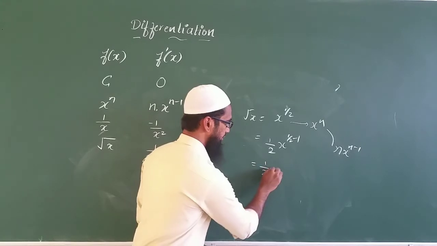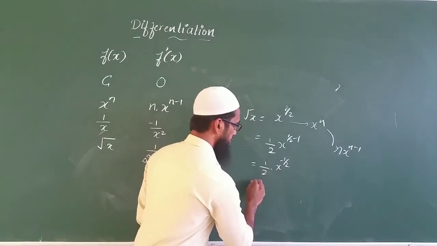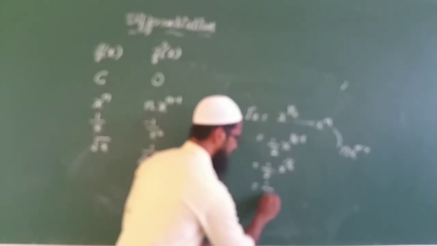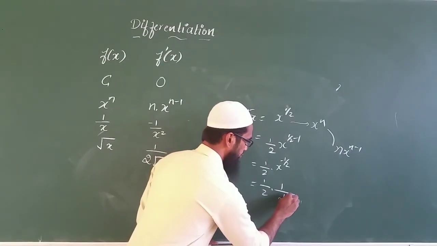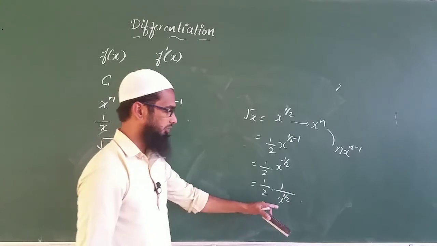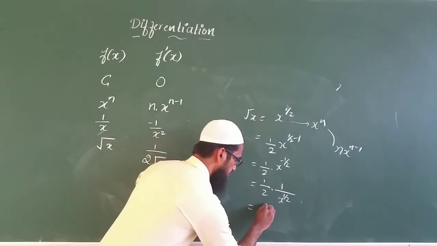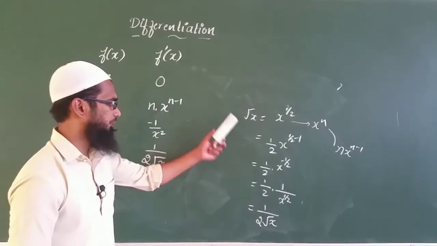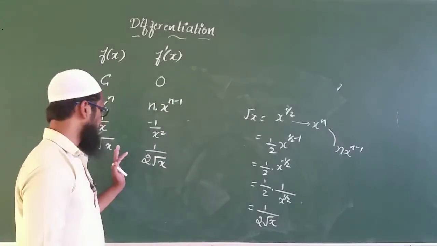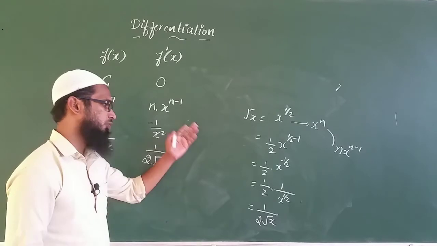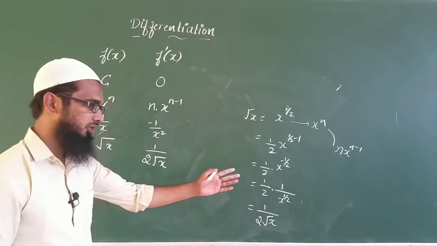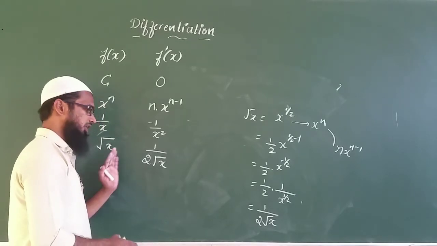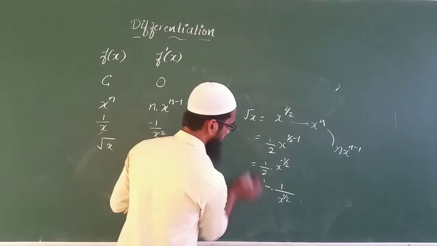This becomes half into x to the power minus half. This minus sign lets me take it into the denominator, so that will be half into 1 over x to the power half. This power half I can take as 1 over 2 root x. So the derivative of root x is 1 over 2 root x, but again we do not need to go through this. Once the function is given in any problem like root x, we can directly write 1 over 2 root x.